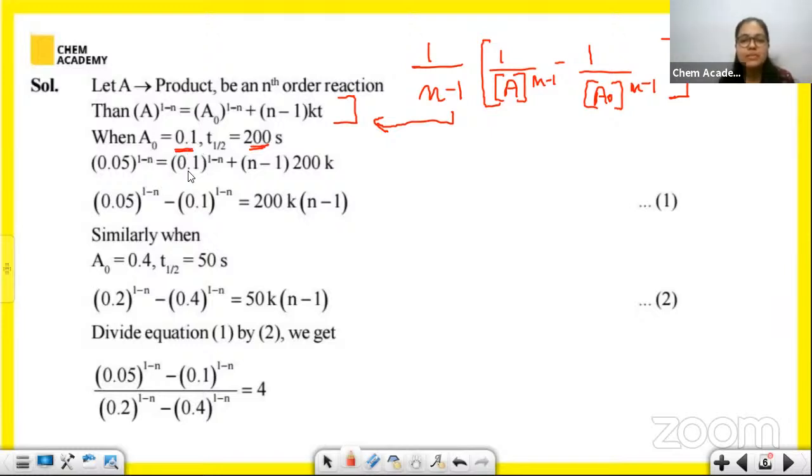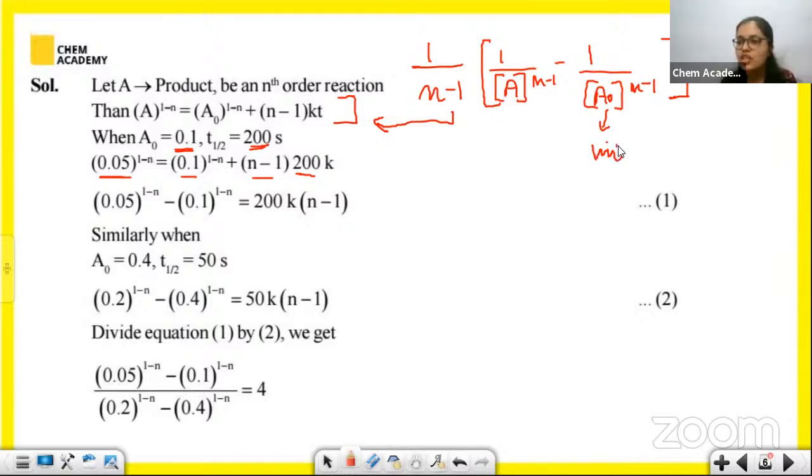A naught, we will substitute the value of A naught here. Then n minus 1 will remain as it is. We had the half time, so we put the value 200 here, k. How did we get this value of A? Since we have been given half time, let me mark it for you over here.